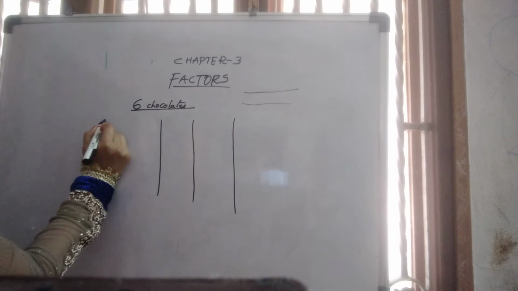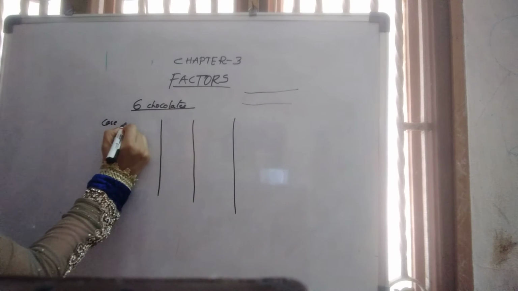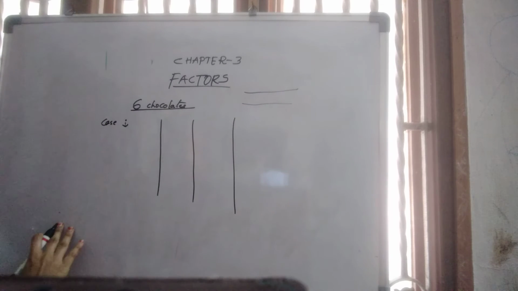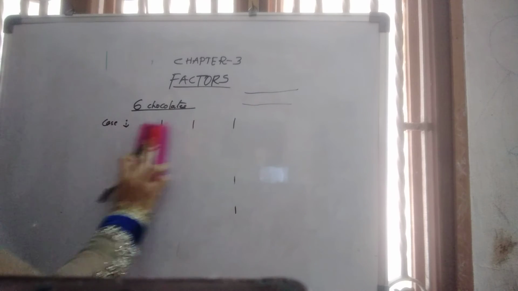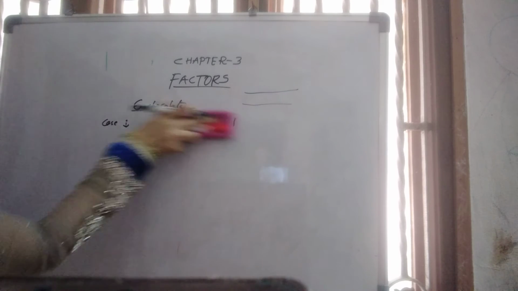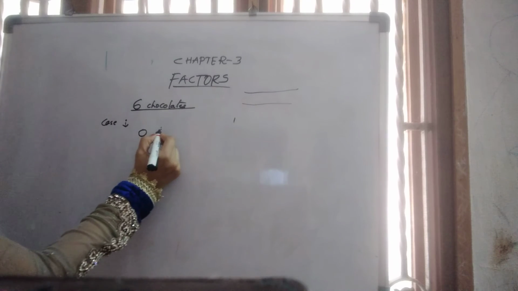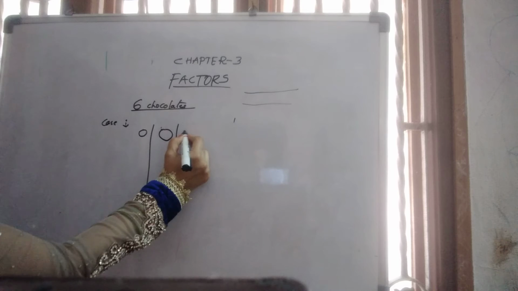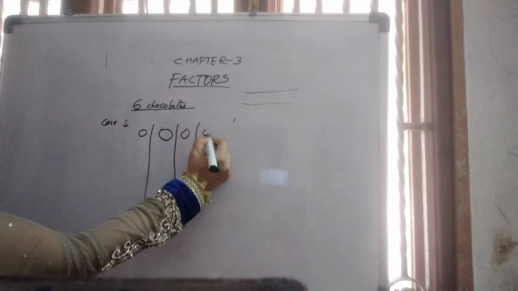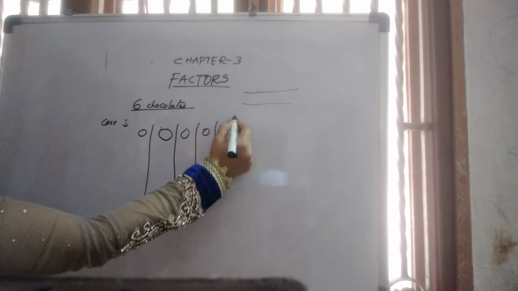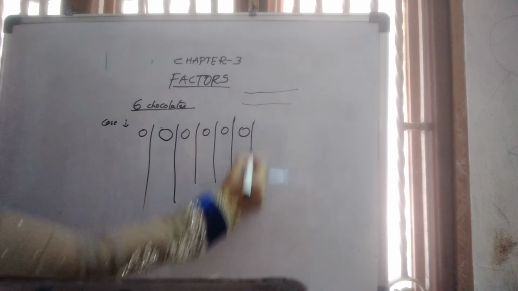Okay, let me explain. Suppose we take case 1. In this case, she takes only one coin in this column. In the second column, only one coin. 1, 1, 1, 1, 6 coins.